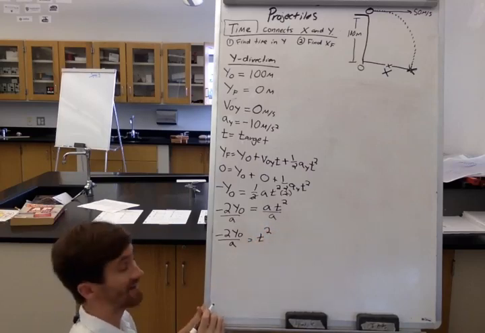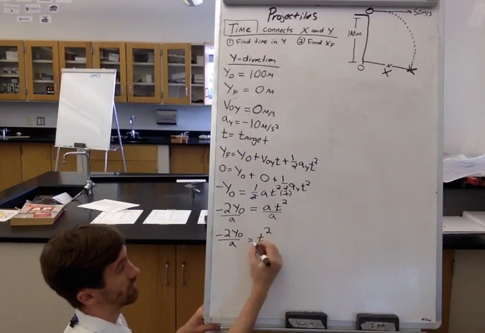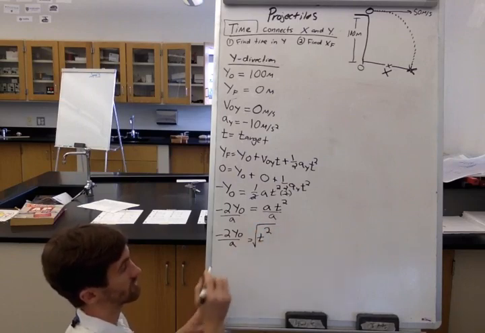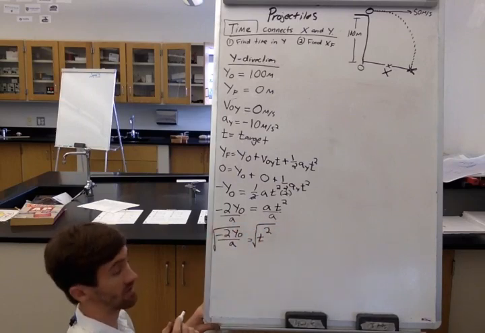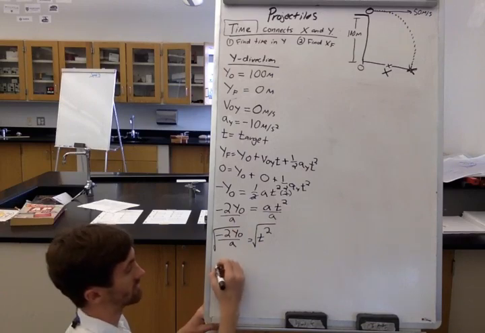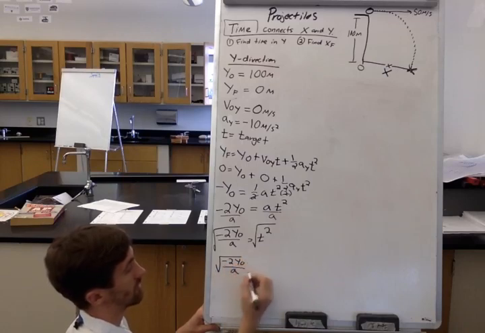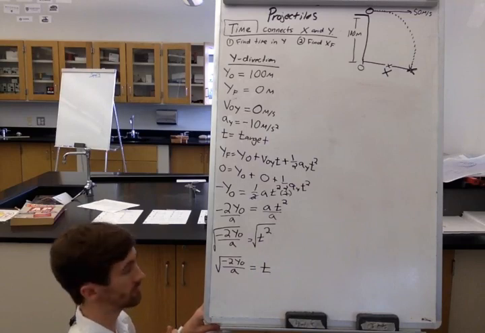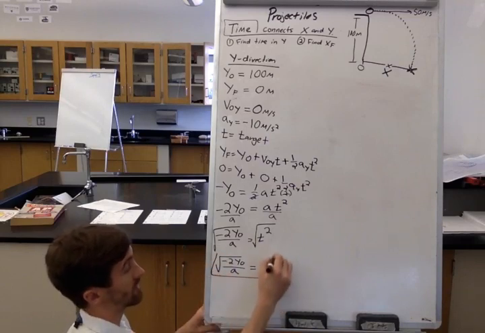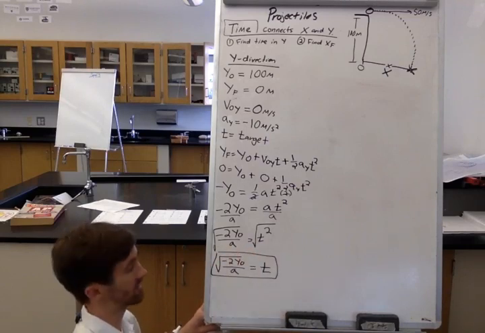And then I have to get t by itself, so I'm going to do the opposite of square, and take the square root of both sides. So the square root of negative 2 initial position over acceleration equals time. That is, in variables, my final answer.